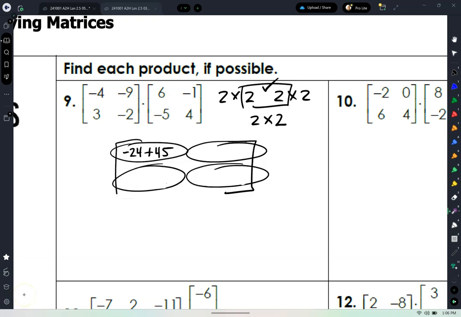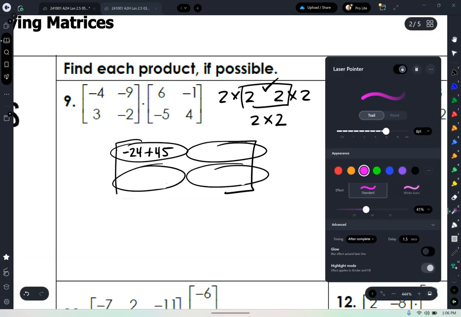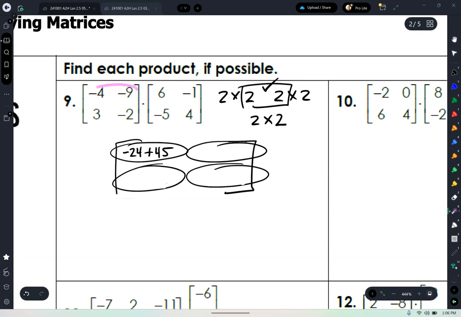Get a little checkpoint and see if you're moving in the right direction. If you're moving in the right direction, you should have been doing something like this right here. Now, you don't need to write the circles in there, and I'm not going to do that every time, but I'm just putting them in there so you can get an idea of the blank spaces for the 2x2. But that should be the first level of work right there. This comes from row 1 times column 1.